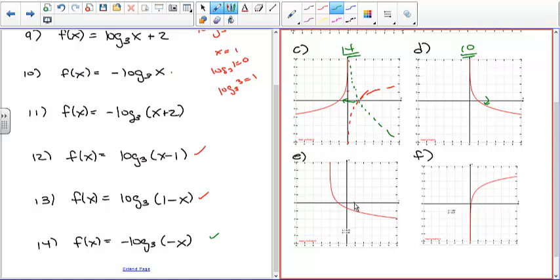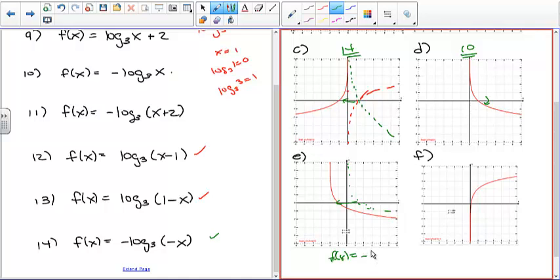If we just flipped it across the x-axis, it would look something like this, but it's been shifted 2 units in the left direction. So this one's going to have, because it flipped across the x-axis, a negative sign out there.